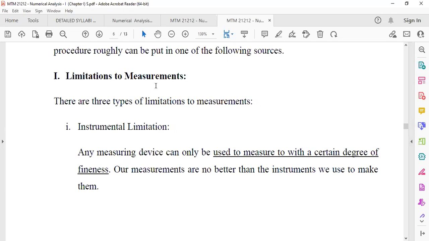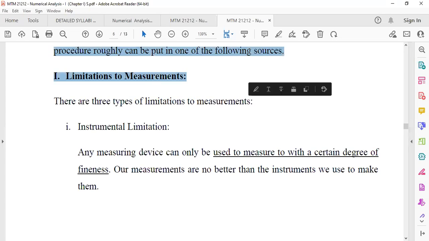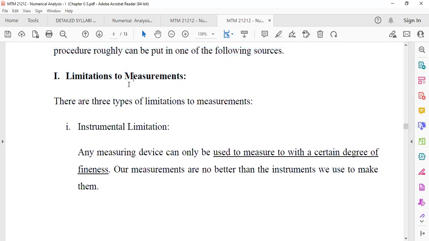Why are these errors coming? Because of some limitation of the measurements. So what does it mean? There are three types of limitation of measurements we can see. Let's see one by one.